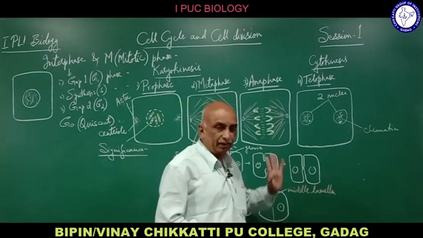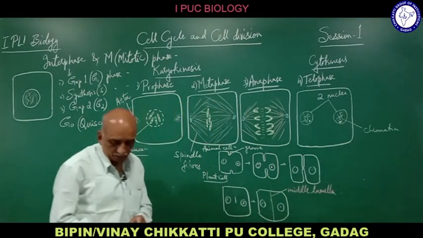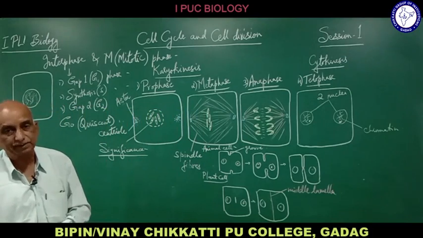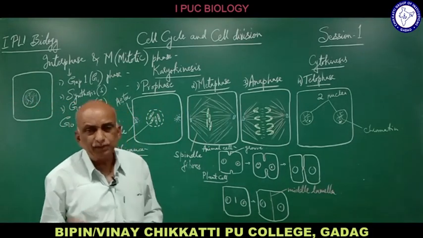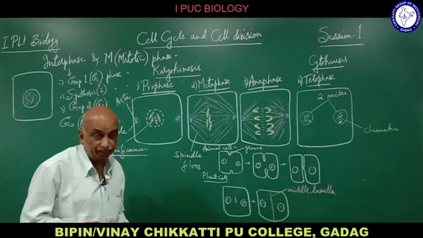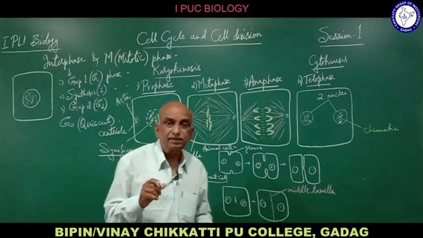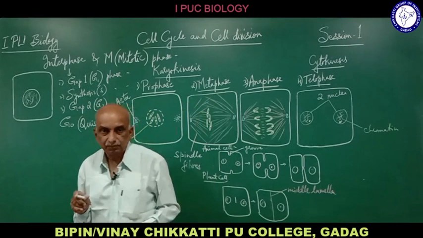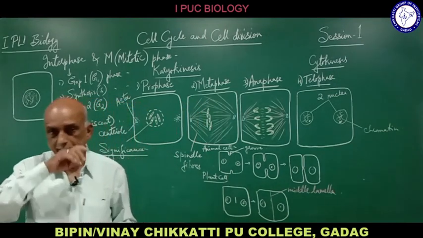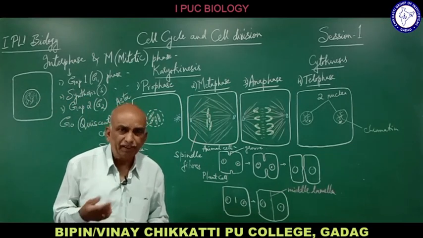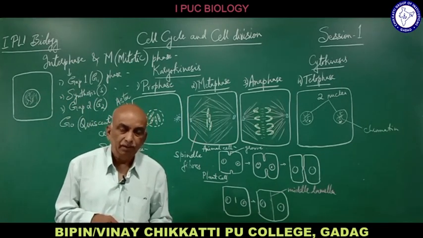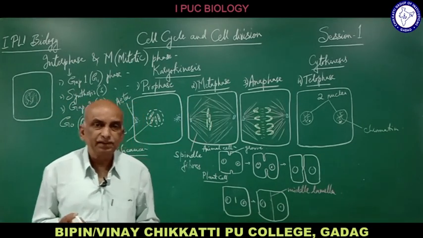So this is about cell division. Now coming to the significance of mitosis. The main thing is, in unicellular organisms, mitosis is the method of reproduction. In the case of amoeba or any other unicellular organism, the nucleus divides.